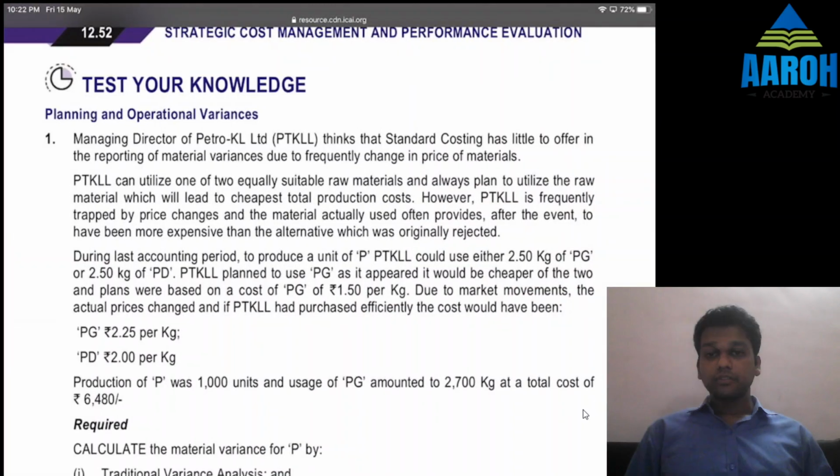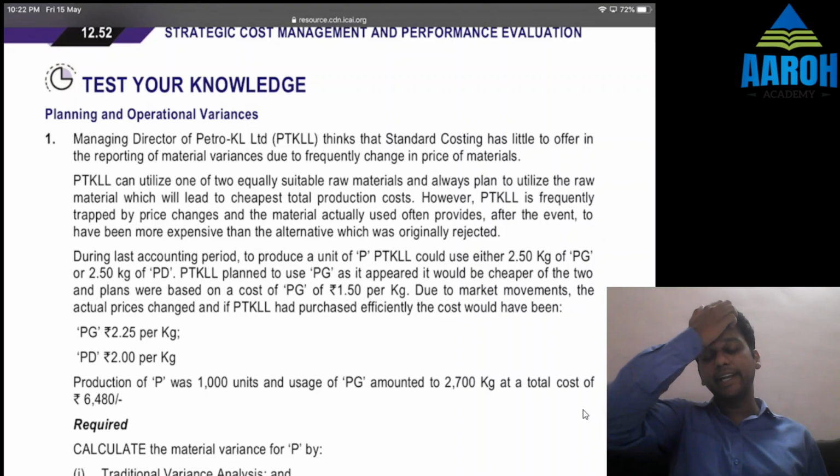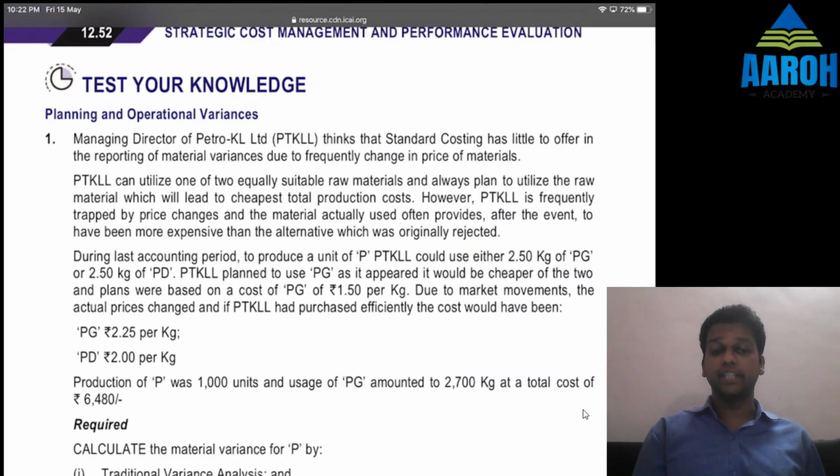Next, due to market movements, actual prices changed, and if PTKLL had purchased efficiently, the cost would have been PG 2.25 per kg and PD 2 per kg. Okay, if they had purchased efficiently, can you think about what kind of information this is? Is this actual?